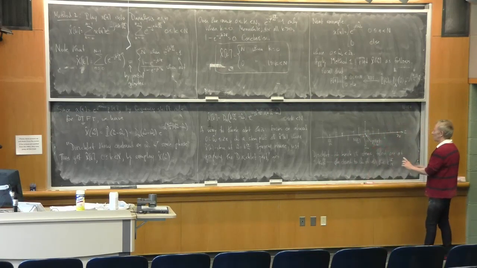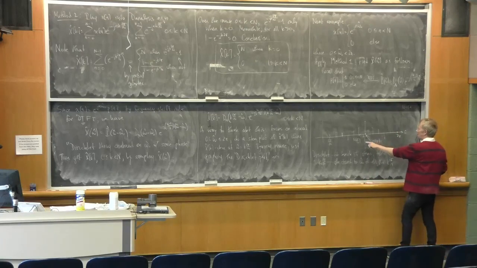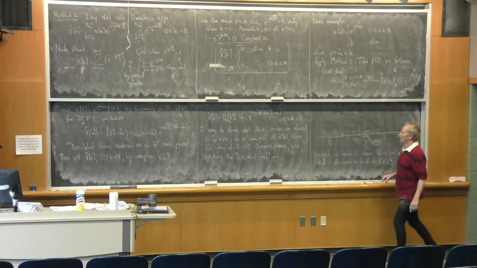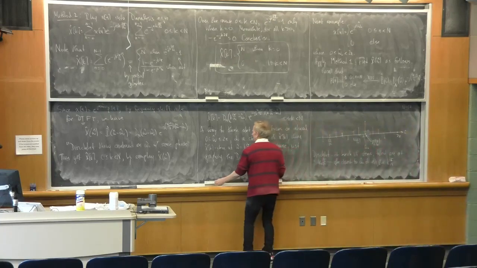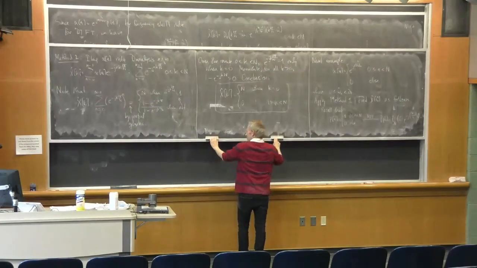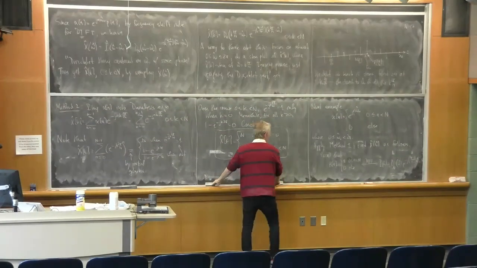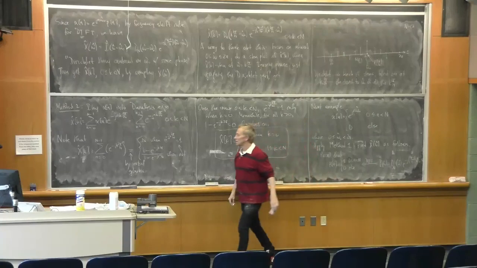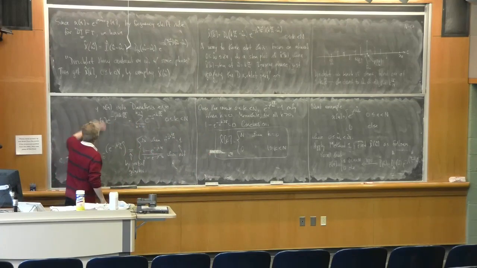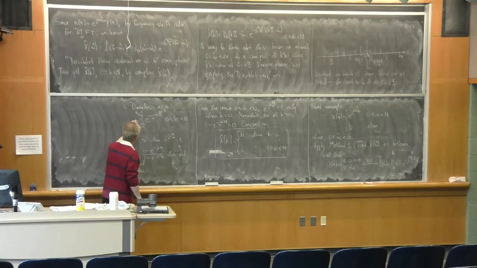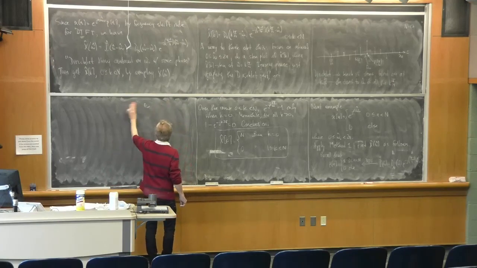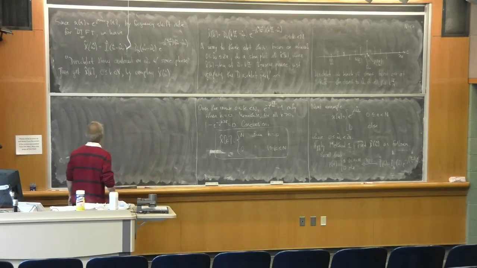Now, it turns out that this picture holds when omega 0 hat is not exactly equal to any of these guys. If it is, this is the last thing I'll say today. If omega 0 hat happens to be equal to k0 2 pi over n for some k0.